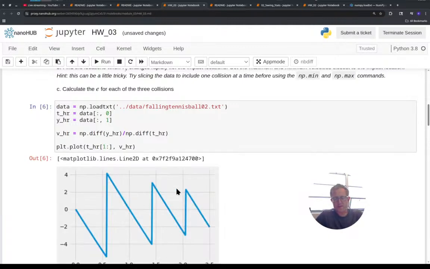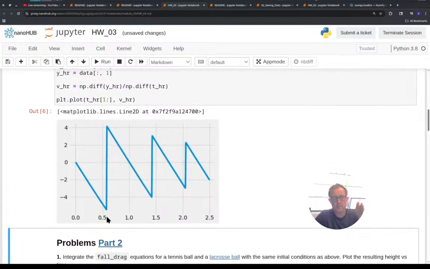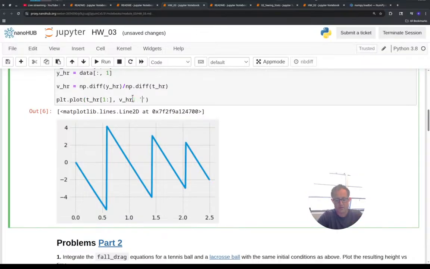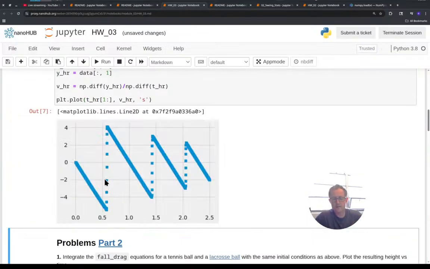But we end up with this kind of sawtooth pattern, and the main thing that I saw people getting hung up on was that they were thinking that impact is an exact time. It's not. Impact takes time, and in this case we're actually looking at the camera tracking the ball during the deformation and restitution.